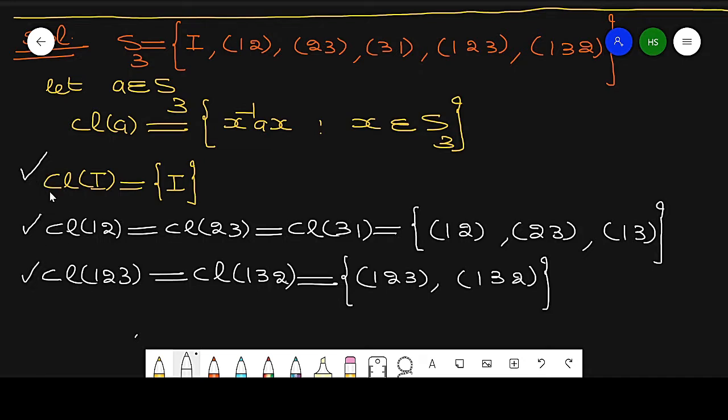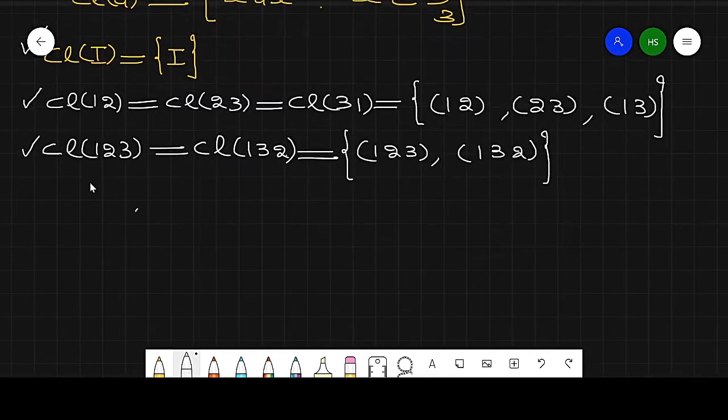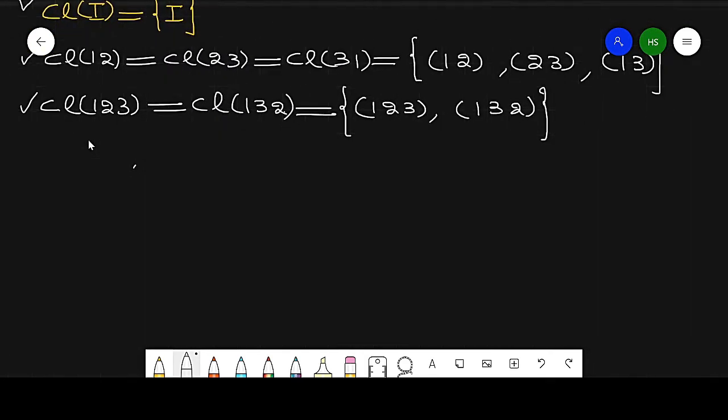The distinct classes are only three: the class of I, the class of (1 2), and the class of (1 2 3). So S3 has three distinct classes.